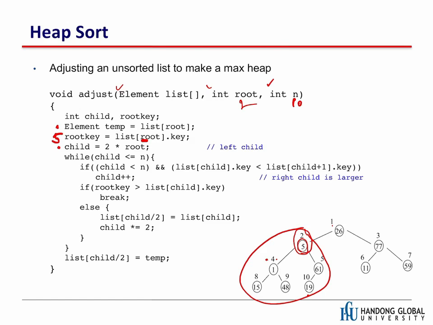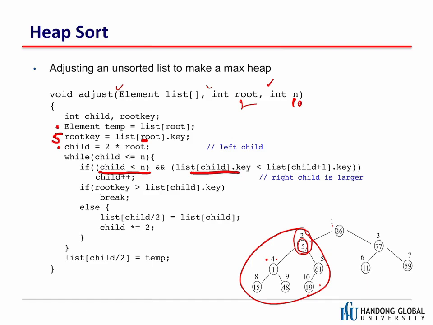If child equals n, then the left child is the last element. Think about this one. If the root is 5 and child is 10, then we don't have a right child. But if child is less than n, then we have a right child.